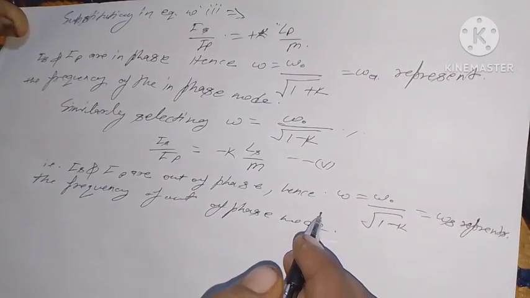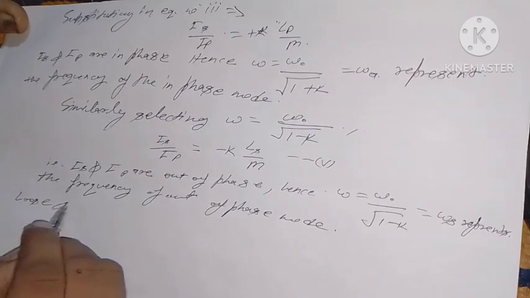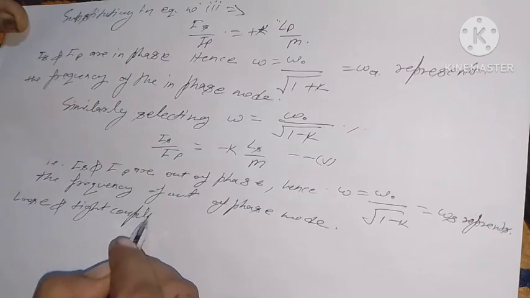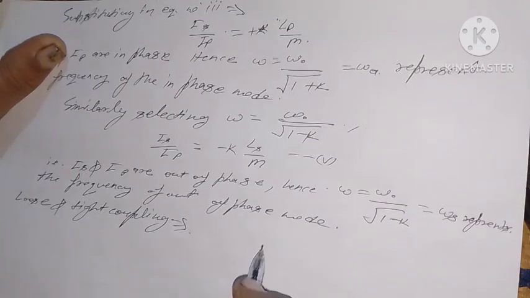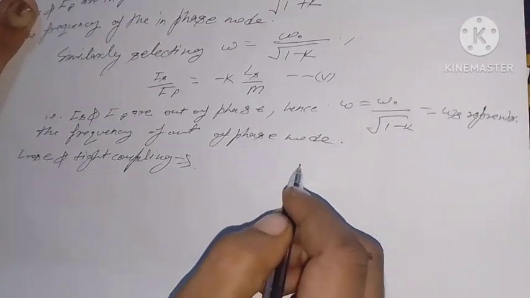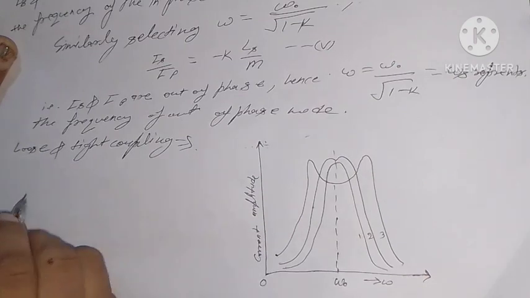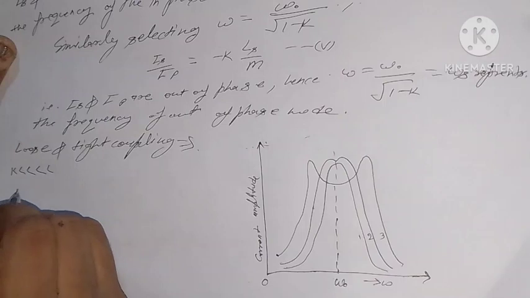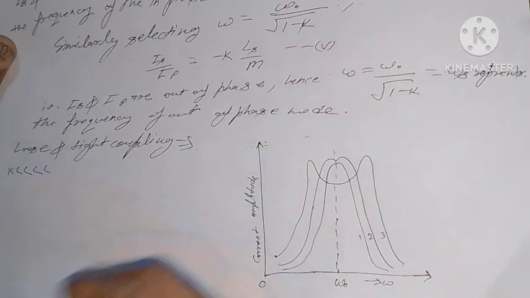Loose and tight coupling. In loose coupling, K is small, and both the systems behave almost independently.